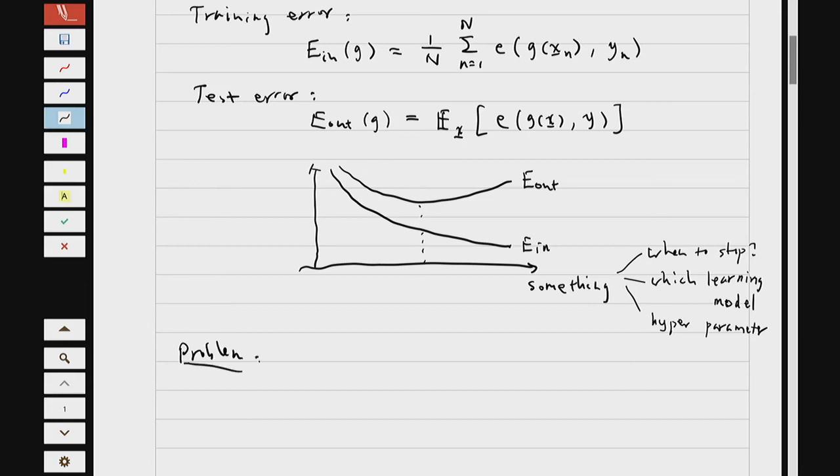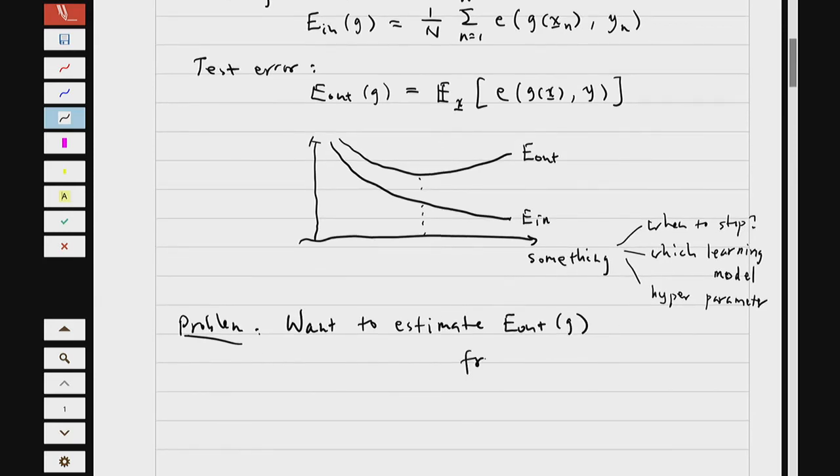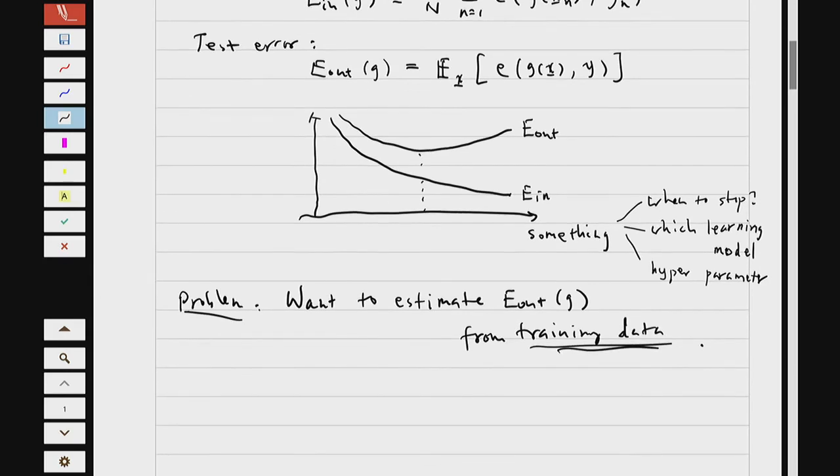We want to estimate E out of g from training data, which is the only thing we have, right? We have no other choice.